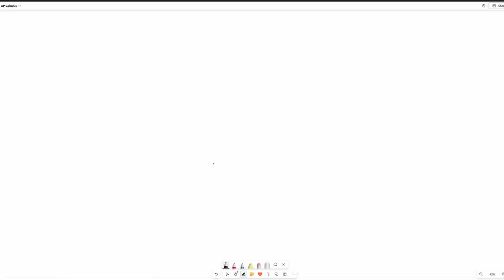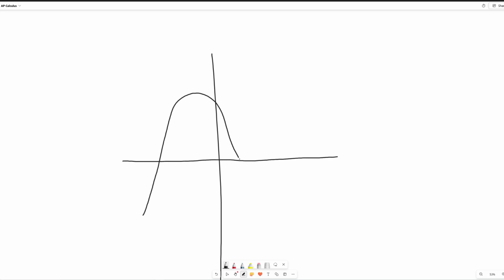Finally, I'm going to talk about tangent lines. So, tangent lines are over/under approximations depending on the concavity. So I'm talking about tangent line approximation here. So let's give a function here.